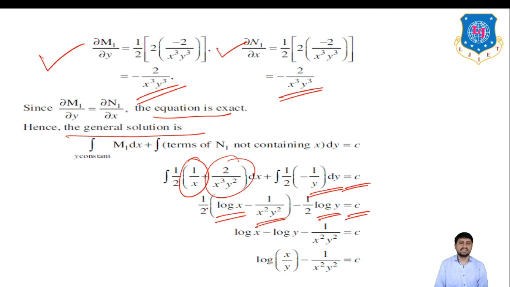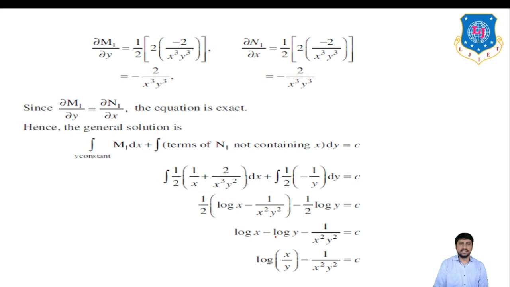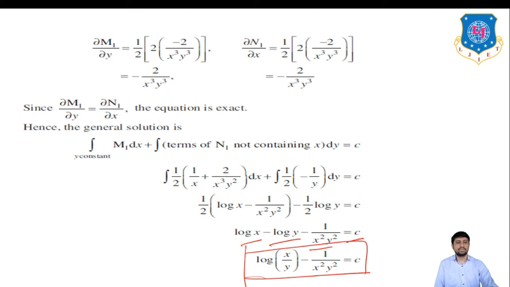Finally we will get 1 by 2 log x minus 1 upon x square y square minus 1 by 2 log y. So log x upon y minus 1 upon x square y square is equal to c. Finally we will get this solution.